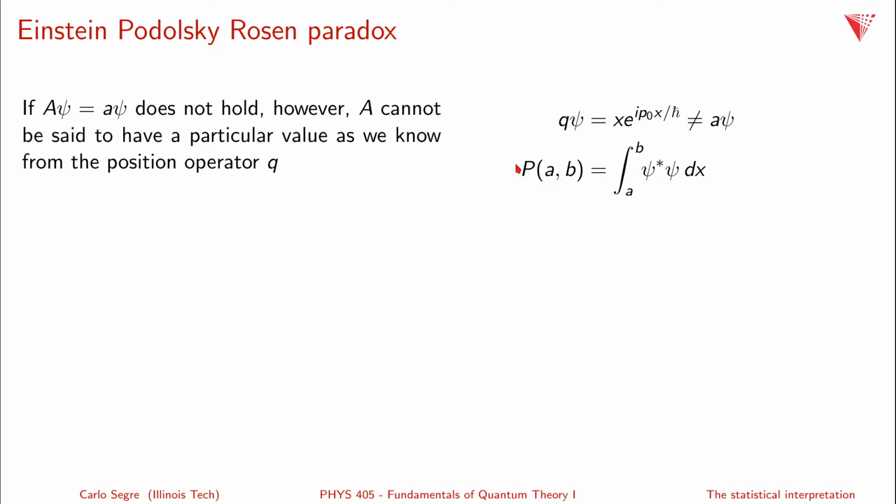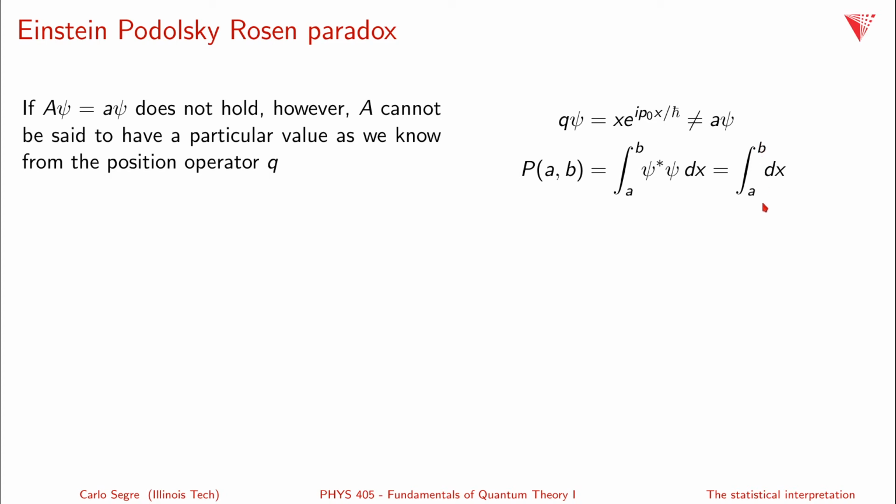So we know that the probability of finding a system in a state between a and b is equal to the integral from a to b of psi star psi dx. This is going to be the integral, for this wave function as a momentum eigenfunction, of e^(i p_0 x / ħ). The complex conjugate gives you a minus sign. These cancel to give you the 1.